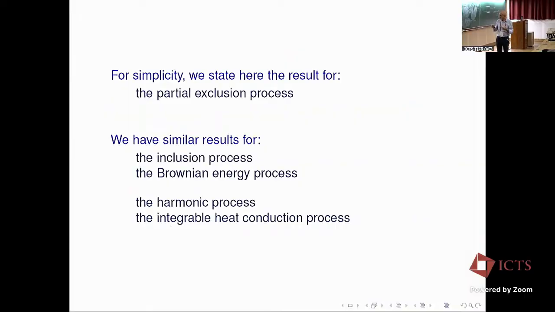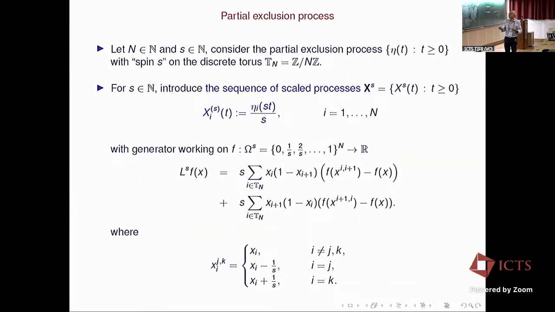Let me be specific about these results. Again, I focus on the partial exclusion, but the same strategy works for all the models, including the ones that are not accessible at the hydrodynamic limit level for the large deviation. So we look at a sequence of processes.